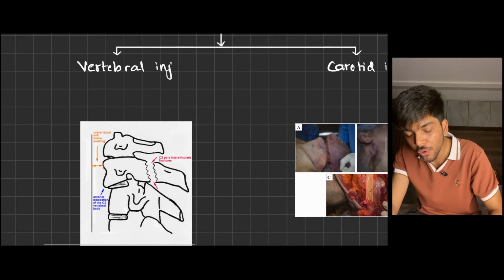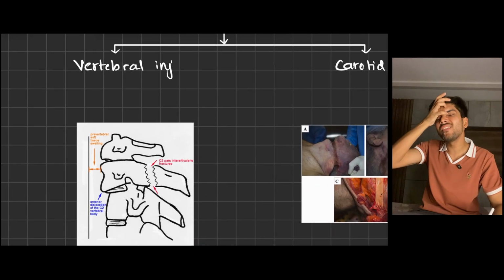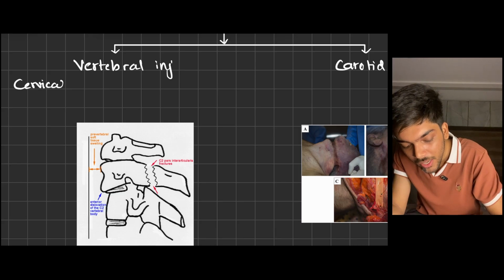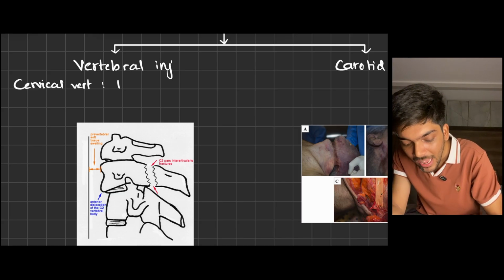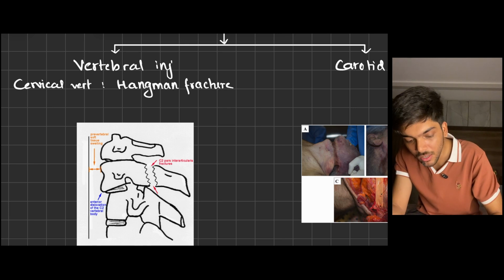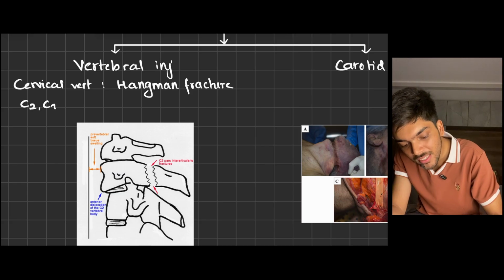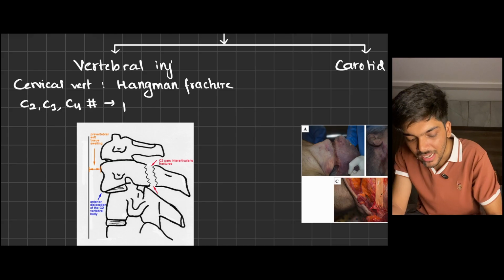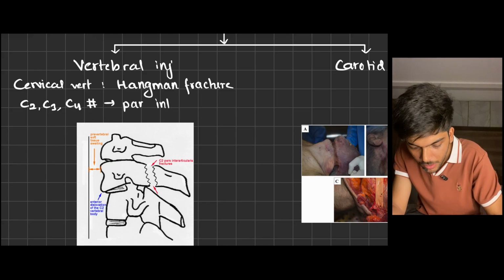In vertebral injury, you have two: injury of the cervical vertebra and the injury of the lumbar vertebra. In the cervical vertebra, you get hangman fracture. Hangman fracture is nothing but the fracture of C2, C3, C4 vertebra. And the fracture is at pars interarticularis.